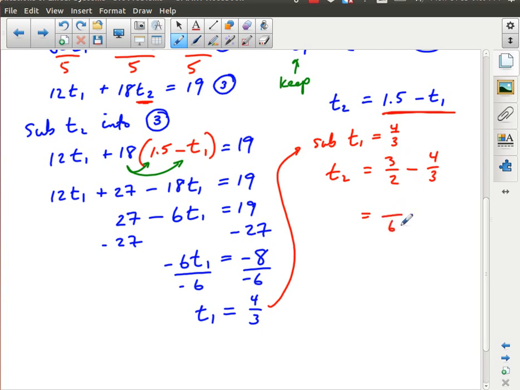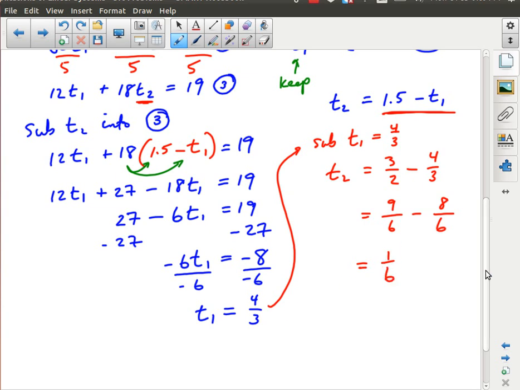Common denominator for each of these is going to be 6. So this becomes 9 over 6. And this one becomes 8 over 6. And that's equal to 1 over 6. So we were in the car for 4/3 of an hour. We were on the GO train for 1/6 of an hour.